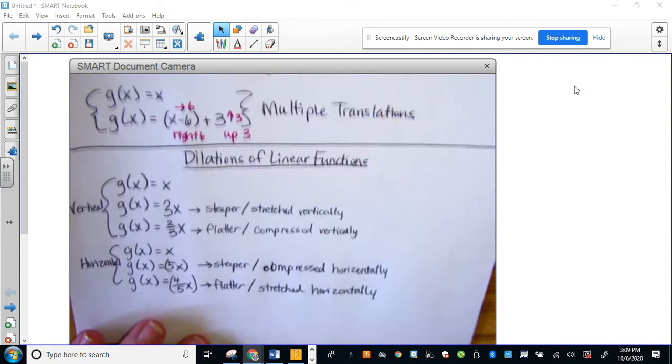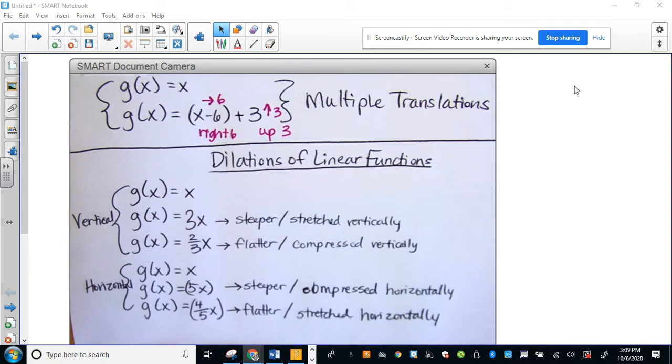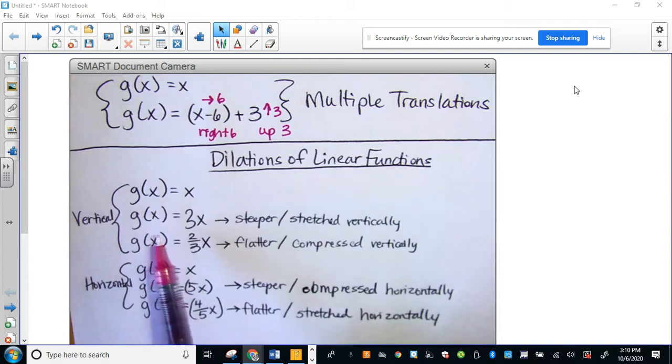So here we have some dilations. Dilations usually means you change the shape. You make things skinnier or fatter, smaller or bigger, things like that. So first we're going to look at vertical. Vertical, they're not grouped together again. You notice the 3 and the x are by themselves.